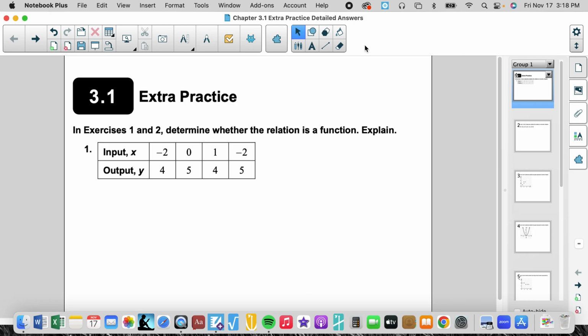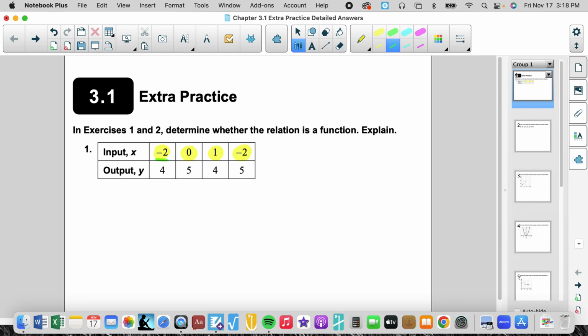There's a number of ways that we can go about determining this. The easiest, especially when they give you a chart, a little H chart, is to look at each of the x values and see, are there any that repeat?